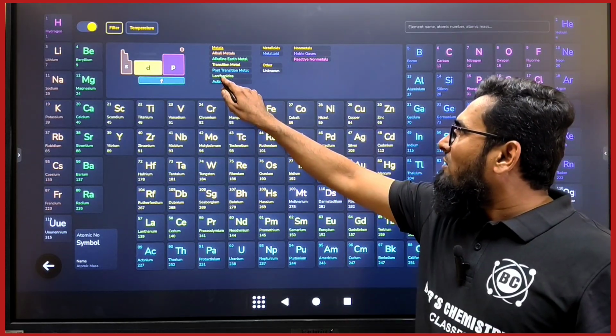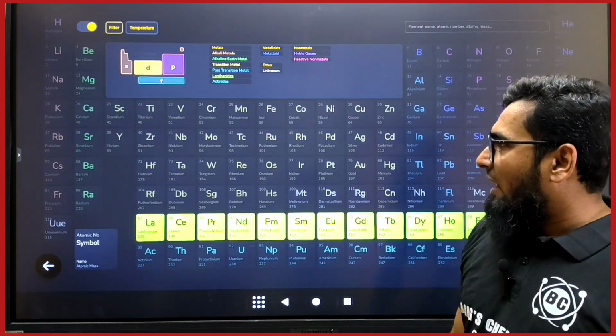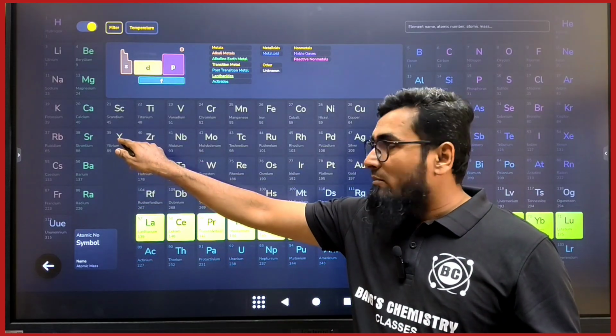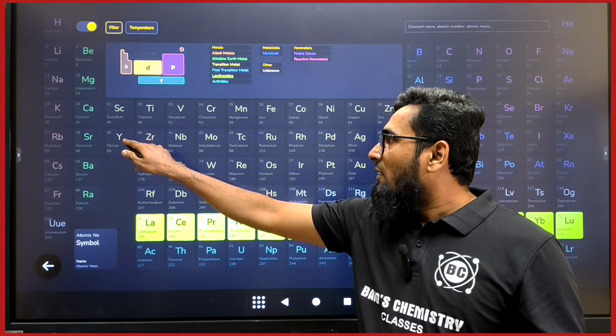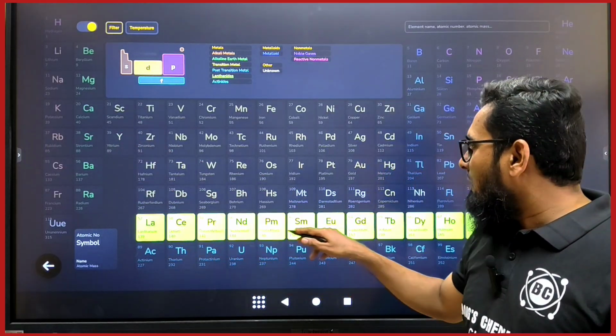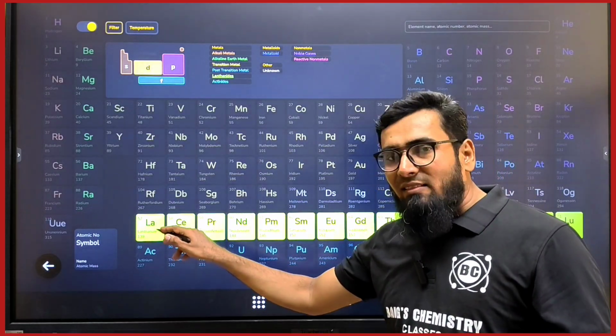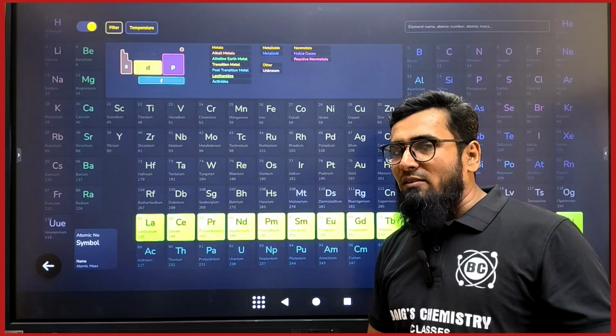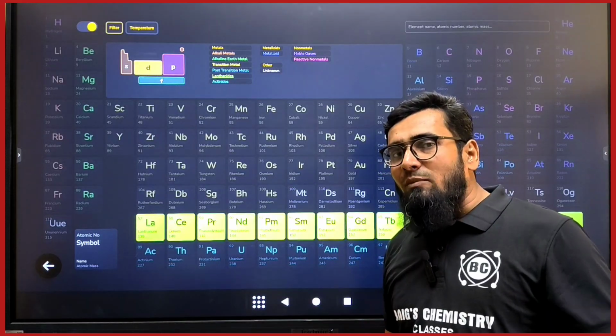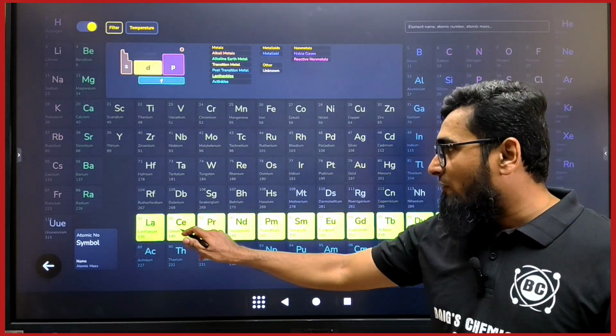Then you have, students, the lanthanides. Lanthanides are below yttrium. Here you can see yttrium. Below yttrium, these 14 elements are present, from lanthanum, cerium. If you count lanthanum, it becomes 15 elements. If you do not include lanthanum, there are 14 lanthanide elements, starting from cerium.